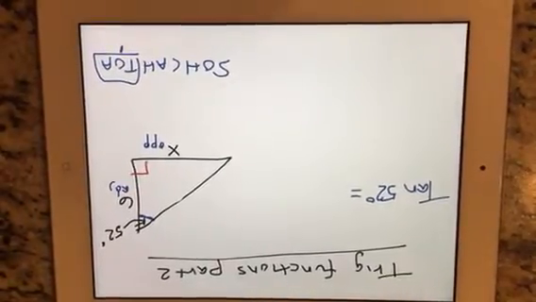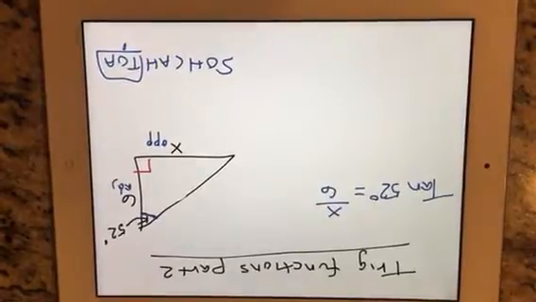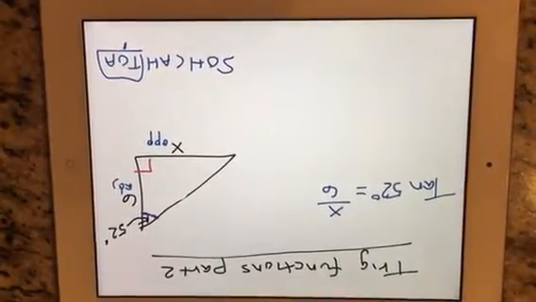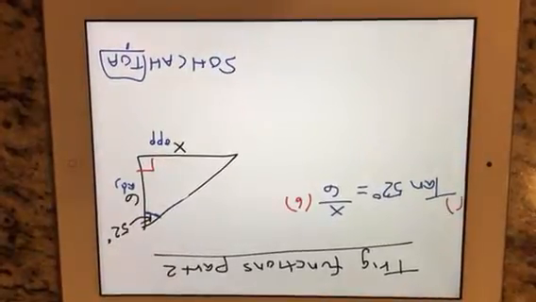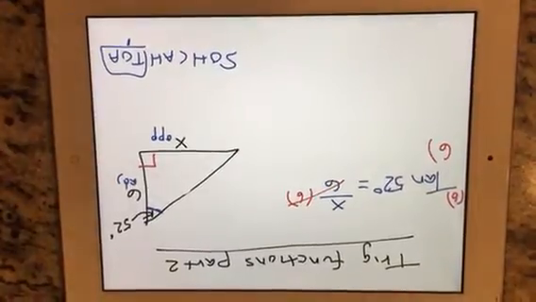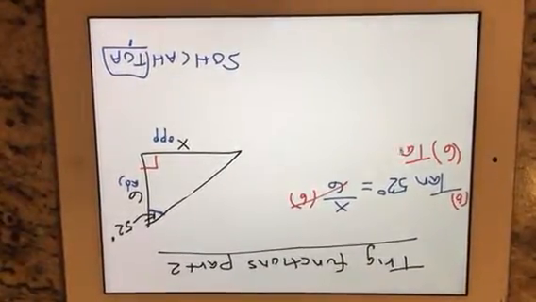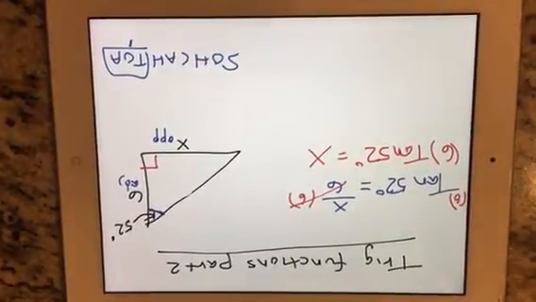We want opposite on top, so that would be x over 6. Now I want to solve for x. In order to do this, I need to get x all alone, so I'm going to multiply both sides by 6. That gives me 6 multiplied by the tangent of 52 degrees, and that's going to give me x.